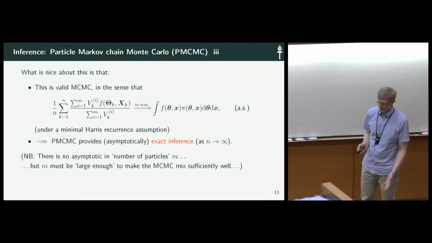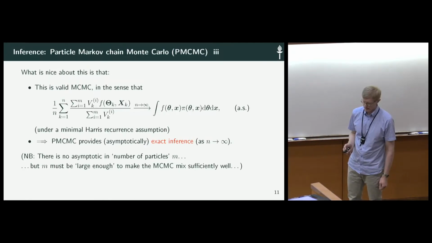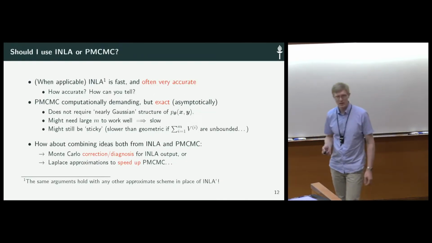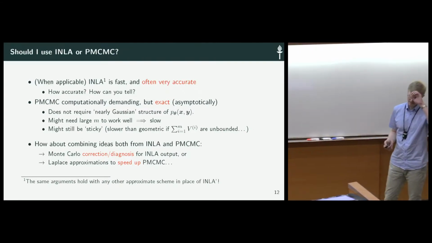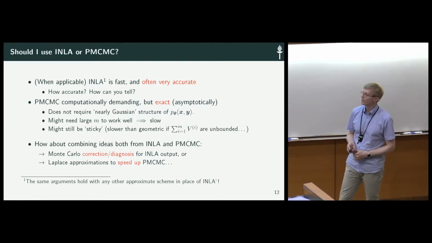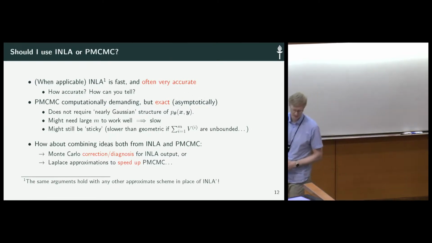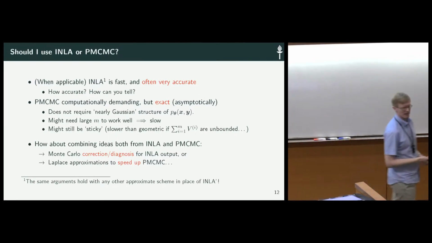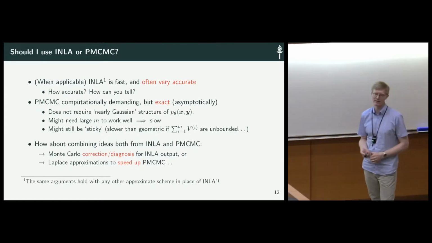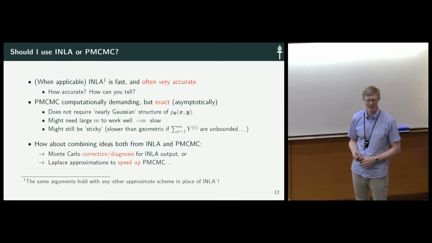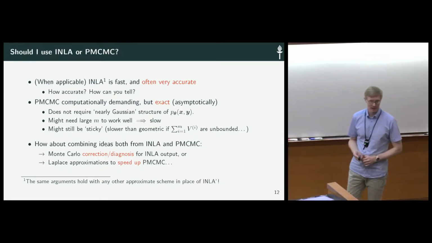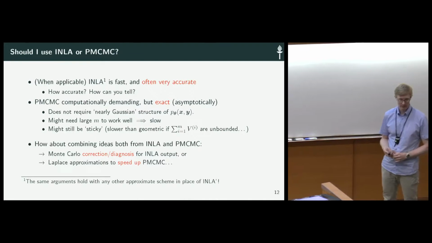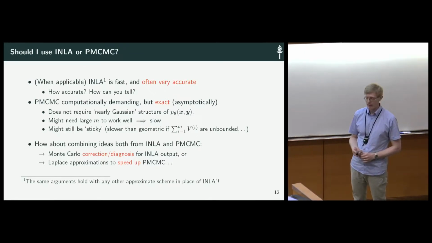Okay, so that's PMMH. Then the question one might ask, and I don't know whether this is a common question, is: should I use INLA or PMCMC? I think practitioners would often use INLA if they can. That's my impression. But there may be cases where INLA might not be that accurate. And that's actually a hard question.